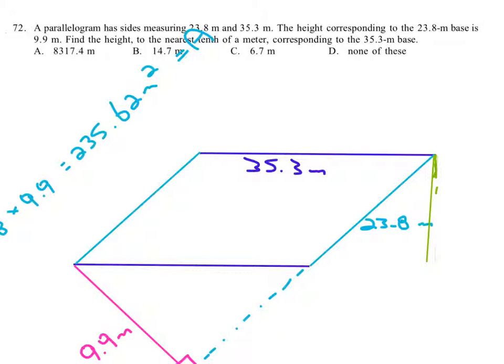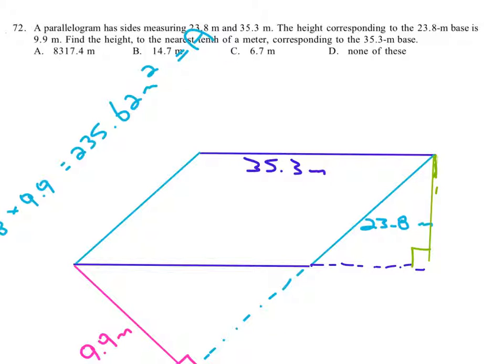This height corresponds to the base of this right here, forming a 90-degree angle. What would that height be? That would go 35.3 times what?